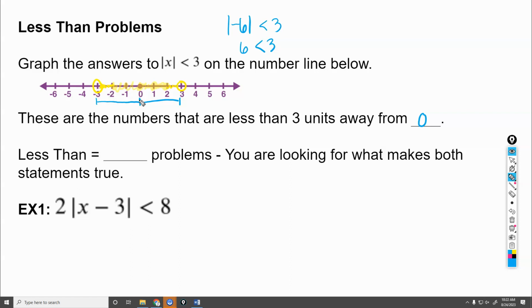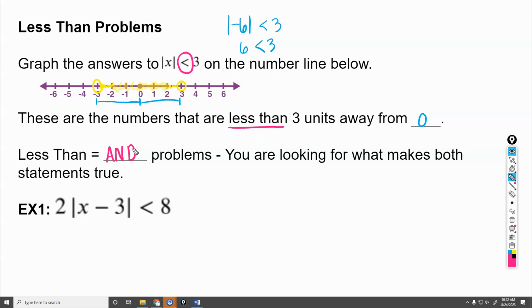This is for less than problems. We're going to see something different if we have greater than. But if we're doing a less than problem, these are what I call "and" problems. You are looking for what makes both of these statements true.